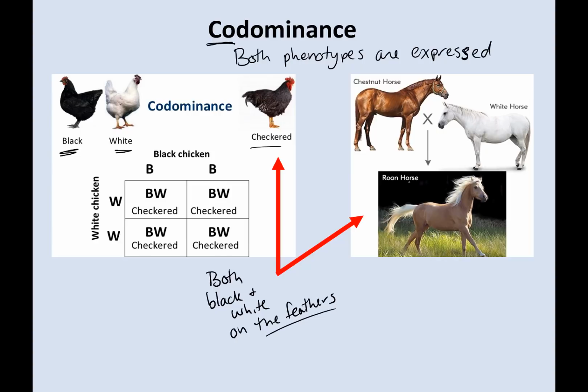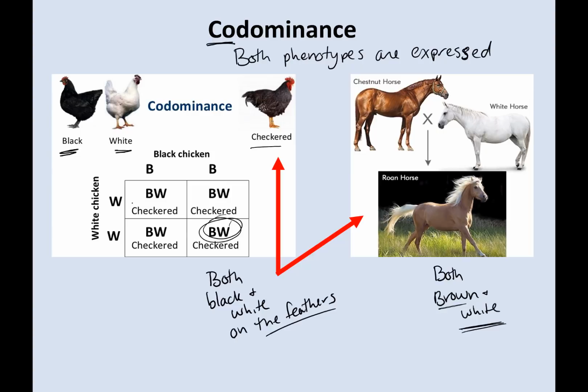In fact, a roan horse is not pink, but it has both brown or chestnut and white hair being expressed. So it looks like an intermediate phenotype, but in fact if you looked at the coat, it would have both brown and white. So incomplete dominance and codominance, you're always looking at the heterozygote.